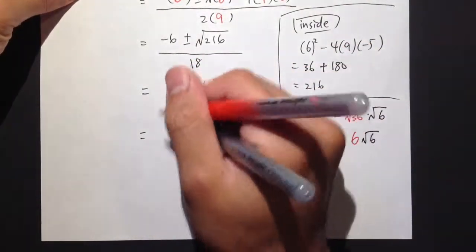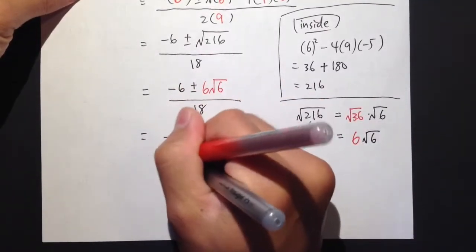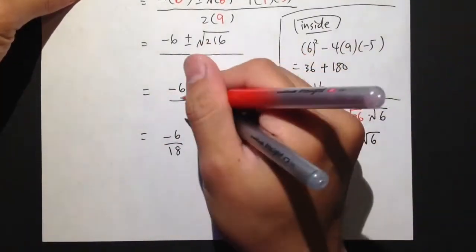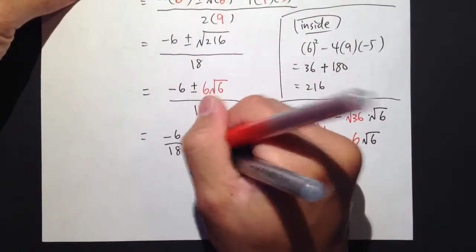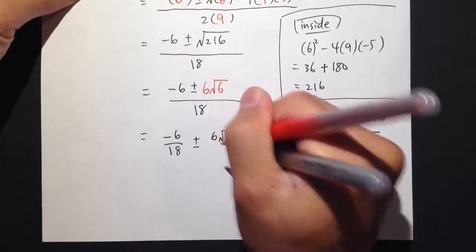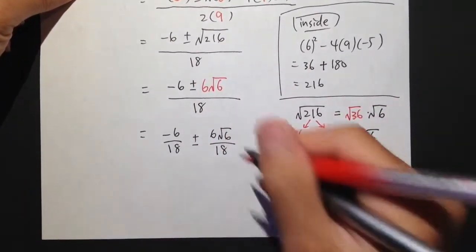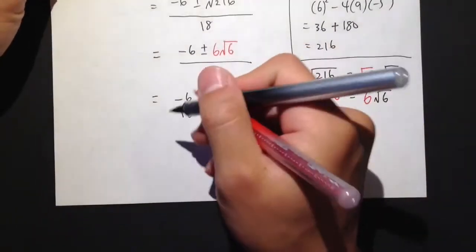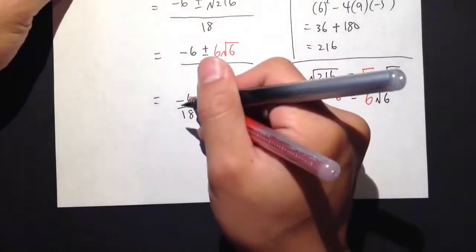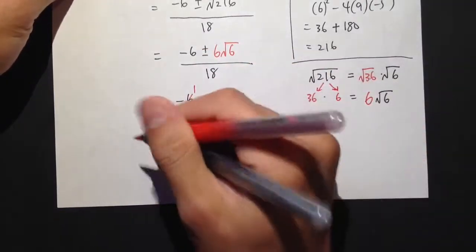On the top, I have the negative 6 first. I'll put that over 18. And then the second one, we will have plus minus 6 square root of 6 over the same denominator, 18. And once we get to here, I have 6 over 18, this is 1/3, right?